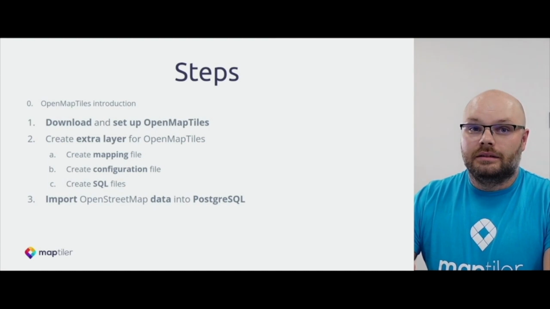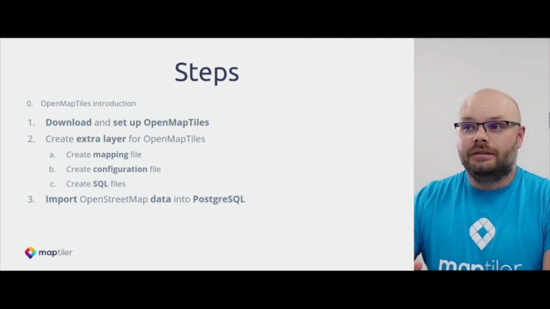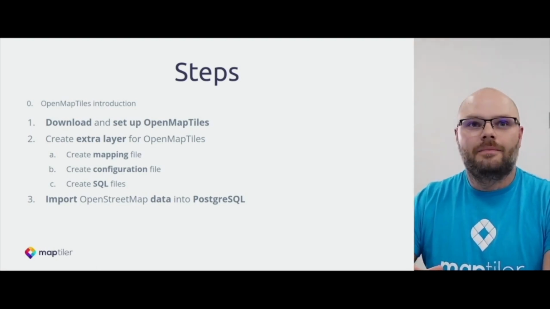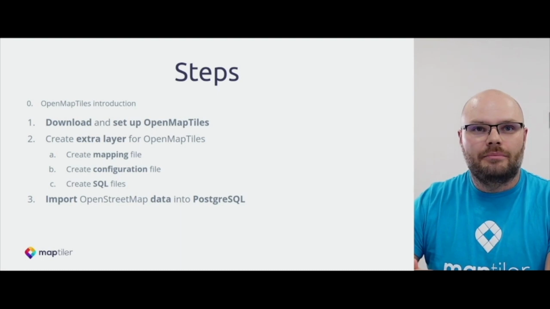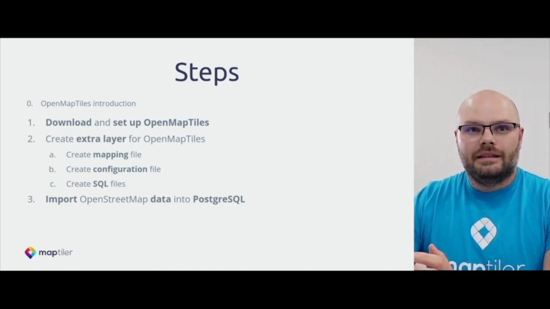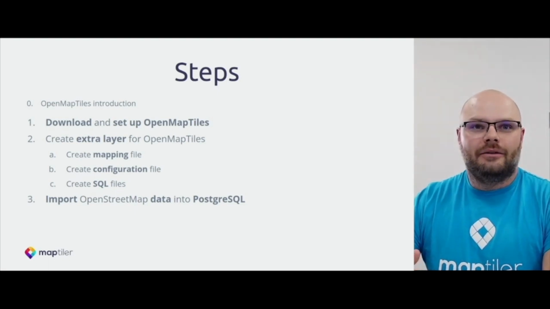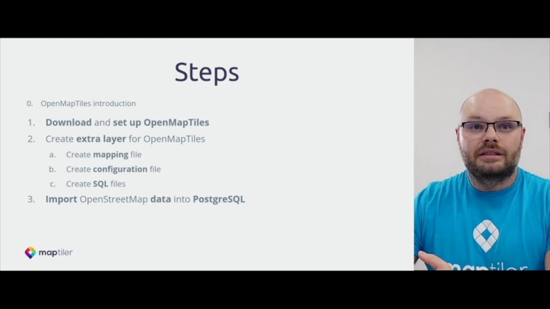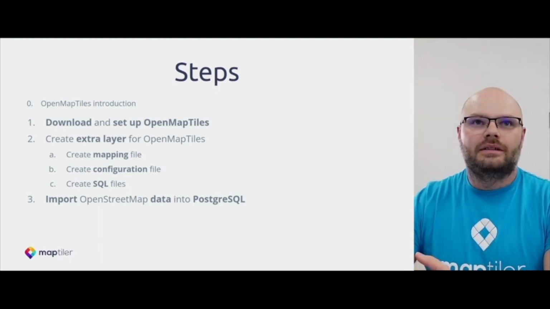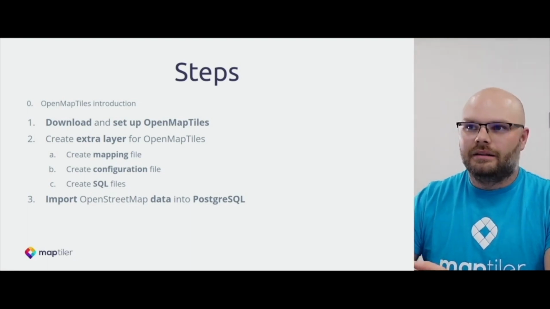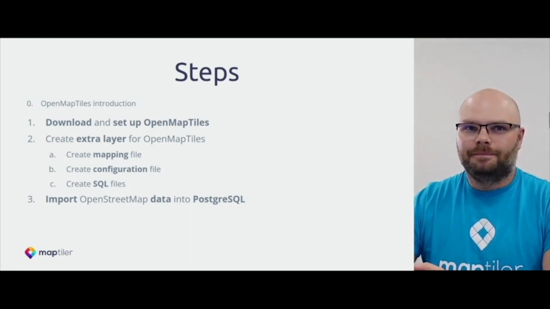These are the steps. The main three steps to accomplish block 1: first, download and set up the OpenMapTiles project, and I hope that everyone was able to pull the Docker images, but I hope that's okay, and we will pass through it in this block.